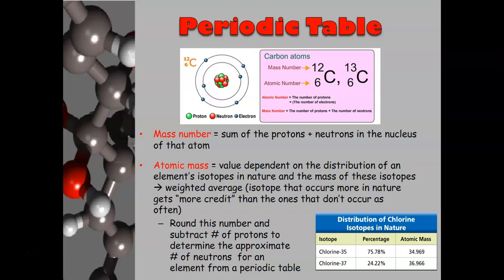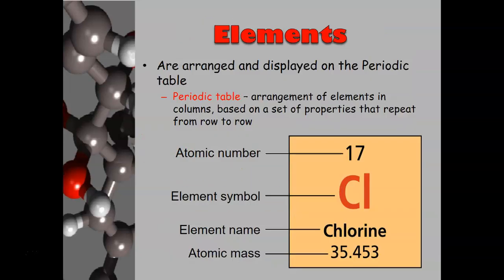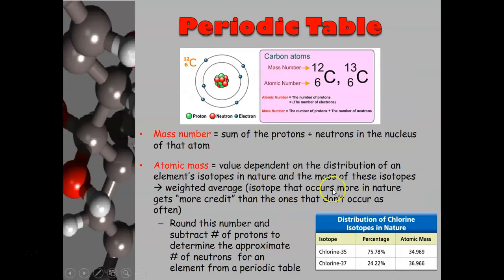So typically when you look at a periodic table, you're not looking at whole numbers, right? If I go back to this, this is a decimal. Why? Because I'm dealing with atomic mass as opposed to a mass number. So mass number in and of itself is simply the sum of the protons and the neutrons. It really is just the major mass of that particular element.